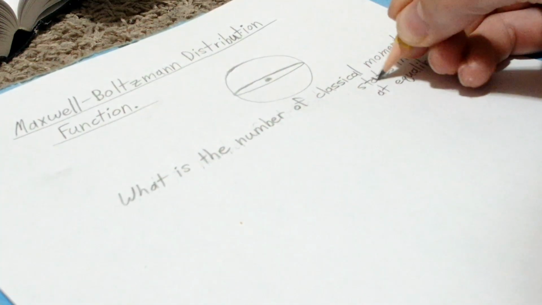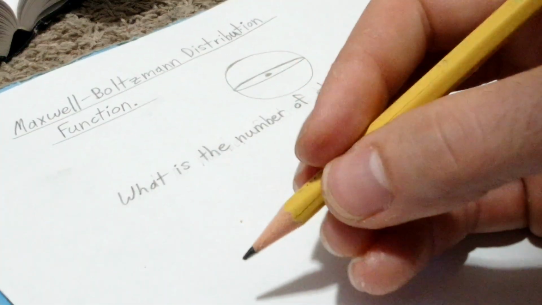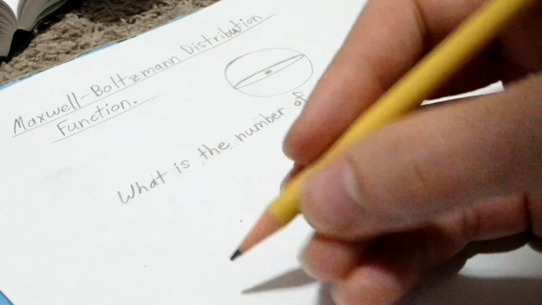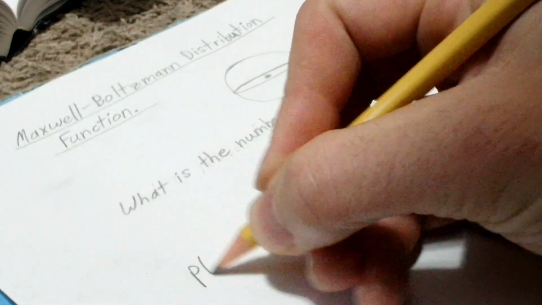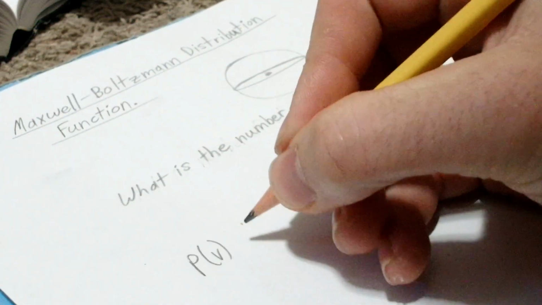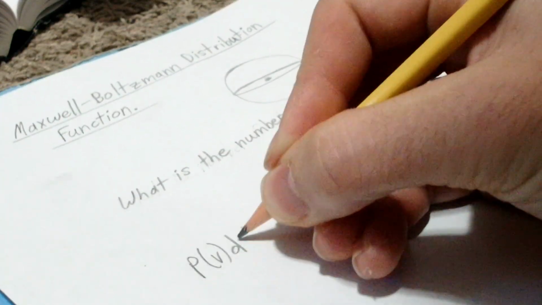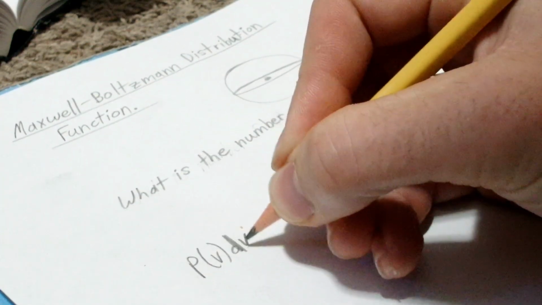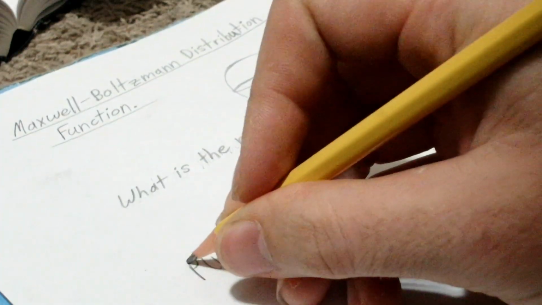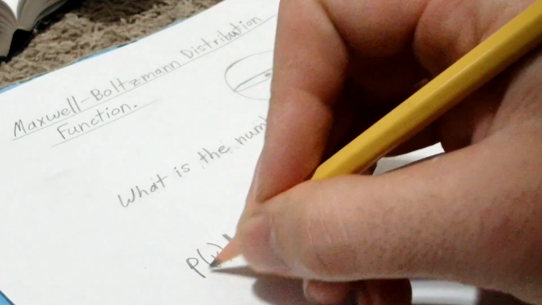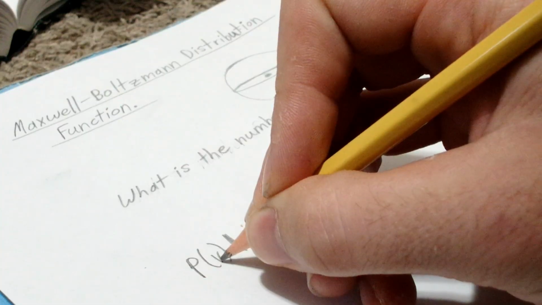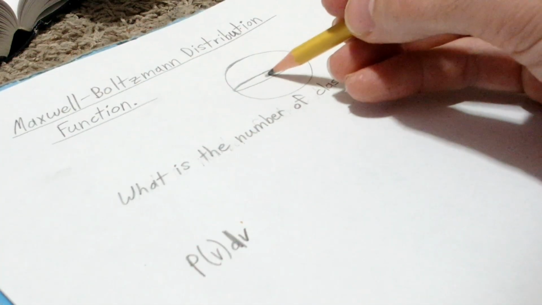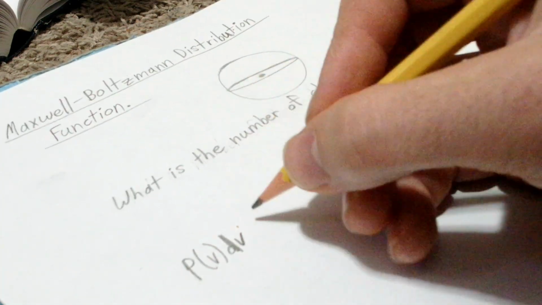And so, let's start off. What is the distribution function we need? We're going to need this equation here, which gives us the probability density versus the velocity of our one-dimensional particle in our sphere here.